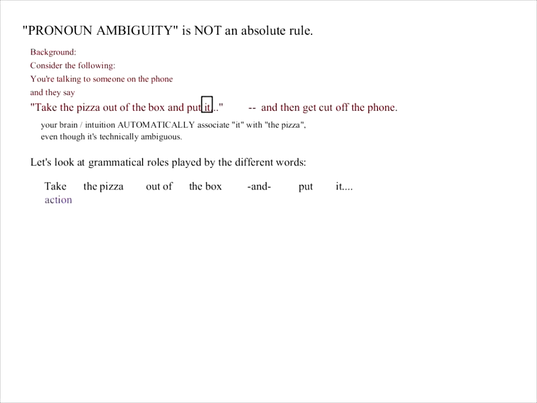Take is an action. This is an action verb. And then the pizza is a direct object. And then as a couple of you have pointed out accurately enough, this is a preposition. And this is an object of that preposition. But then if you take a look at the second clause, we have another action verb. And we have another direct object.